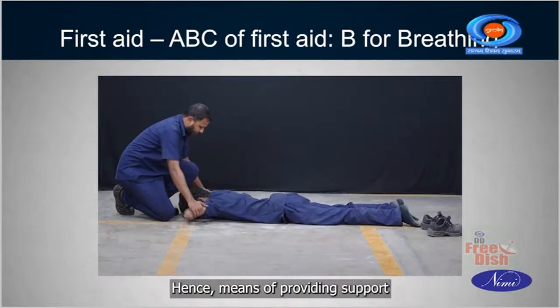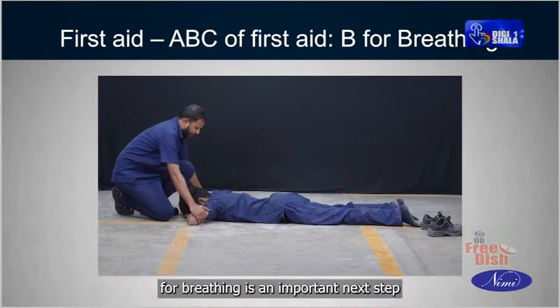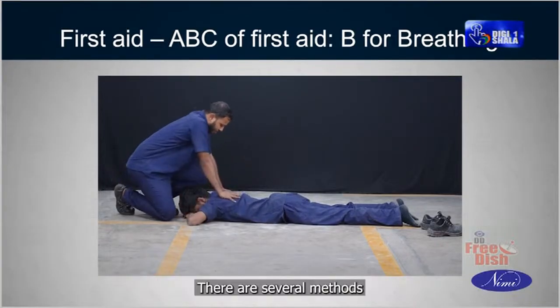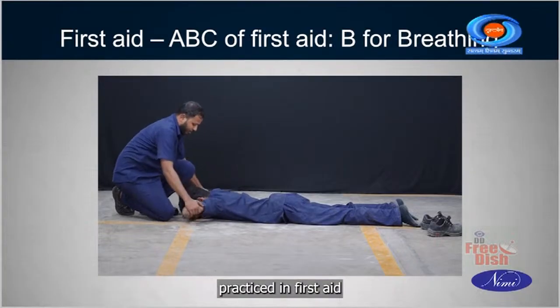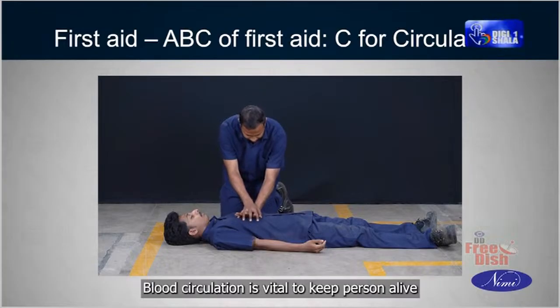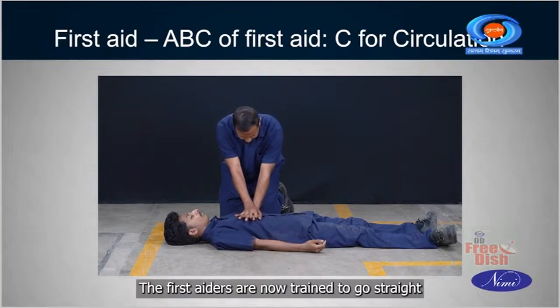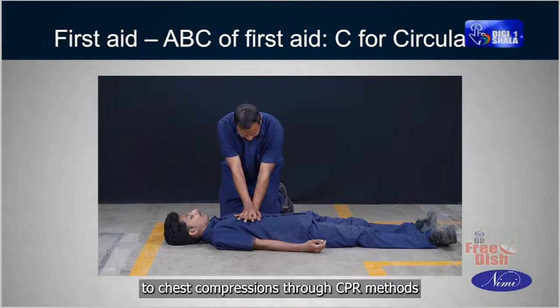Hence, providing support for breathing is an important next step. There are several methods practiced in first aid. Circulation. Blood circulation is vital to keep a person alive. First aiders now train to go straight to chest compressions through CPR methods.